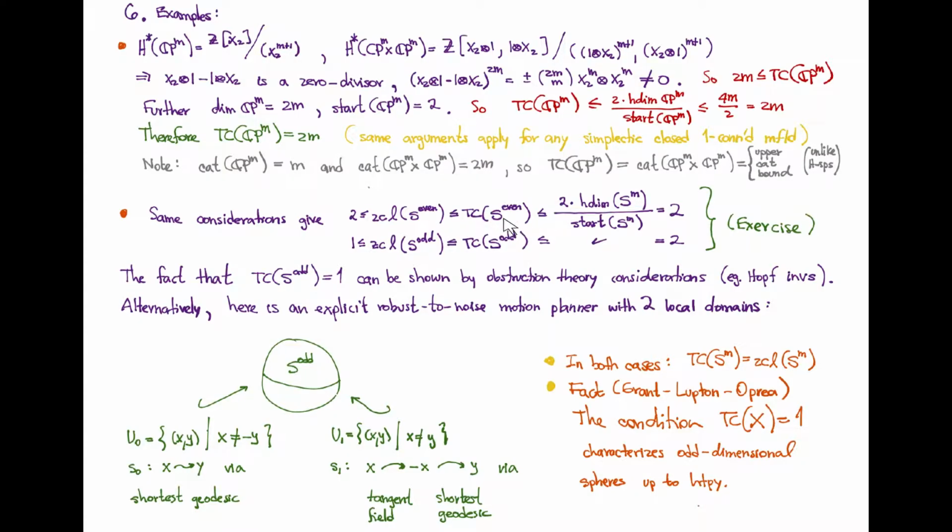Now, it is interesting to notice that you can do the same exercise with spheres, and you will find that the lower and upper bound agree for even spheres, but for odd dimensional spheres, the lower bound would only be 1, whereas the upper bound would be 2, and so you need more to decide what this value is. And there is a reason for this failure.